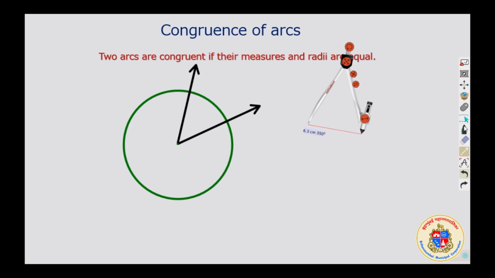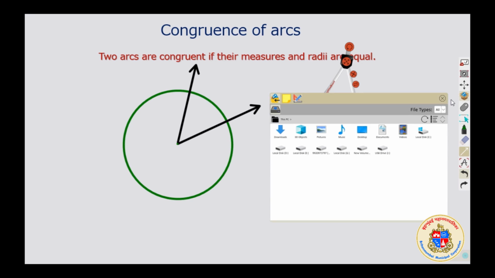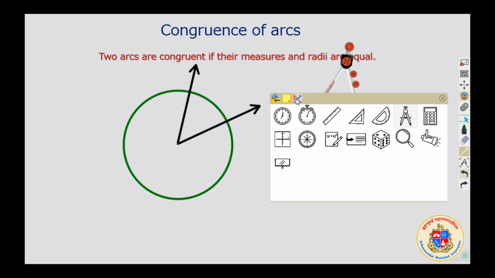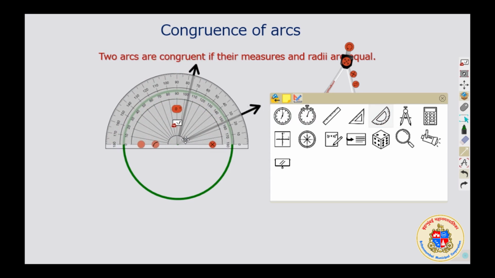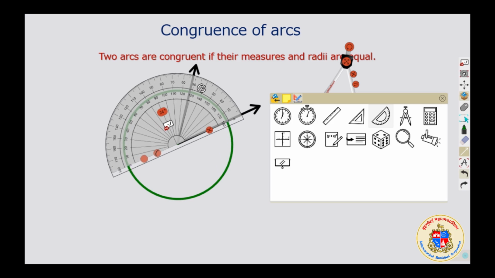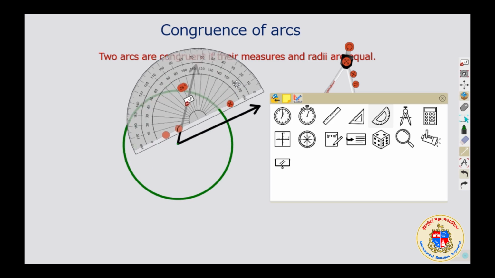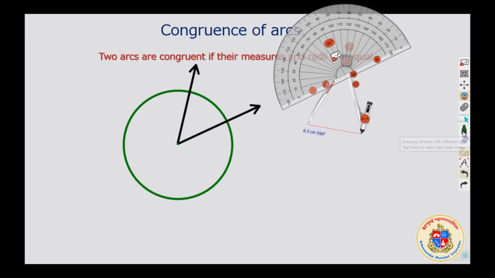We need one more arc of same measure. तो क्या करना पड़ेगा? पहले इसको measure देखना पड़ेगा. To know the measure, what we should do? We should have the measuring protractor with us. So we'll measure it. It is 50 degree. That is the measure of the arc. One more arc to be made of same measure, so that we can say that these two arcs are similar or congruent.